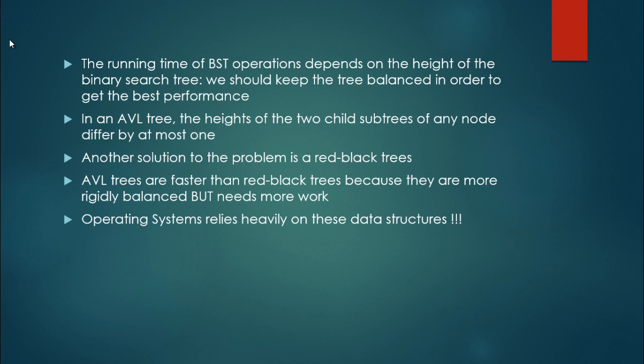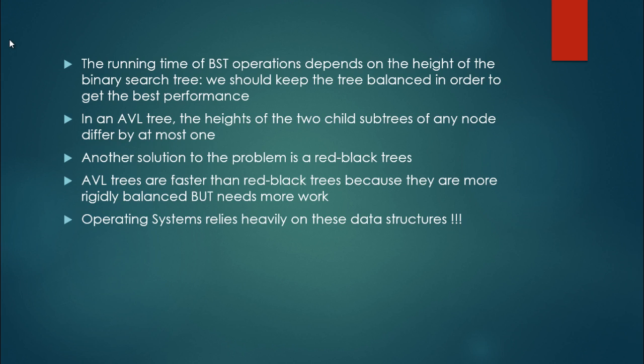So AVL trees are faster than red-black trees because they are more rigidly balanced, but it needs more work. In the previous chapter we were talking about binary search trees and inserting items in them. On every insertion in the AVL tree, we keep checking whether our tree is balanced or has become unbalanced.